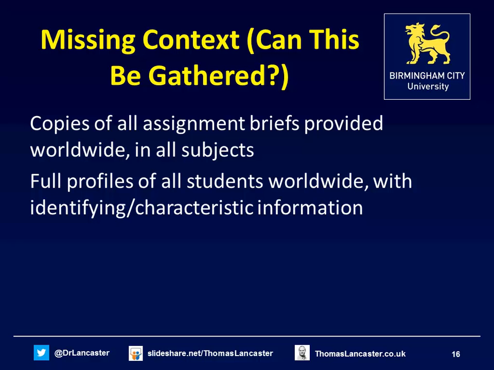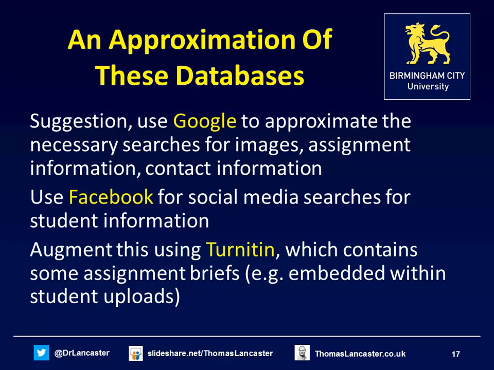All information, where are they based, where is their home location, because it may be an international student or somebody who's moved away from home to study at university. And what kind of identifying and characteristic information can we get about those students? And here, this may be where things like student writing style can be used as an additional indication, an additional clue for our contract cheating detective. Now, these are all very difficult, but perhaps we can approximate these.